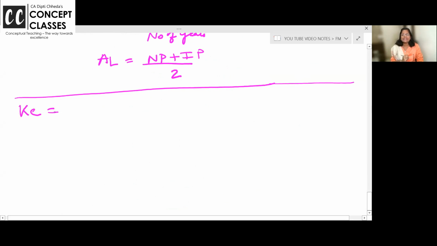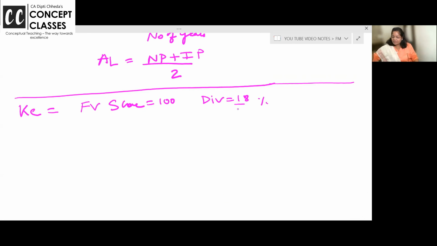Cost of equity. So what do you mean by the cost of equity? Suppose the face value of one share is 100 rupees, and the company is paying dividend of 18%. So on 100, 18 is the dividend, that is 18%.